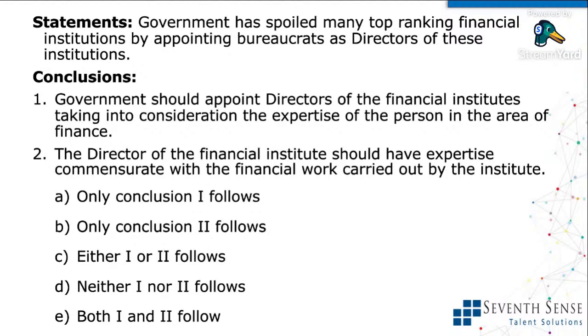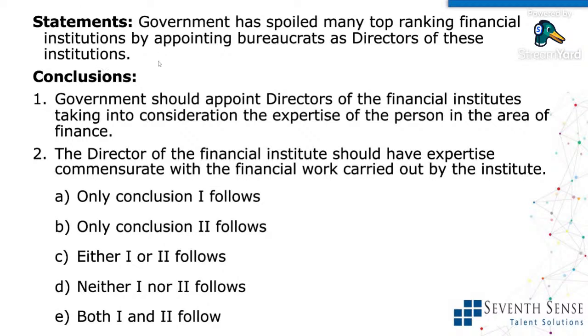What do you think would be the answer for this? This looks very easy, right? This particular one is well written because in both the cases we are talking about the government. We are talking about directors.